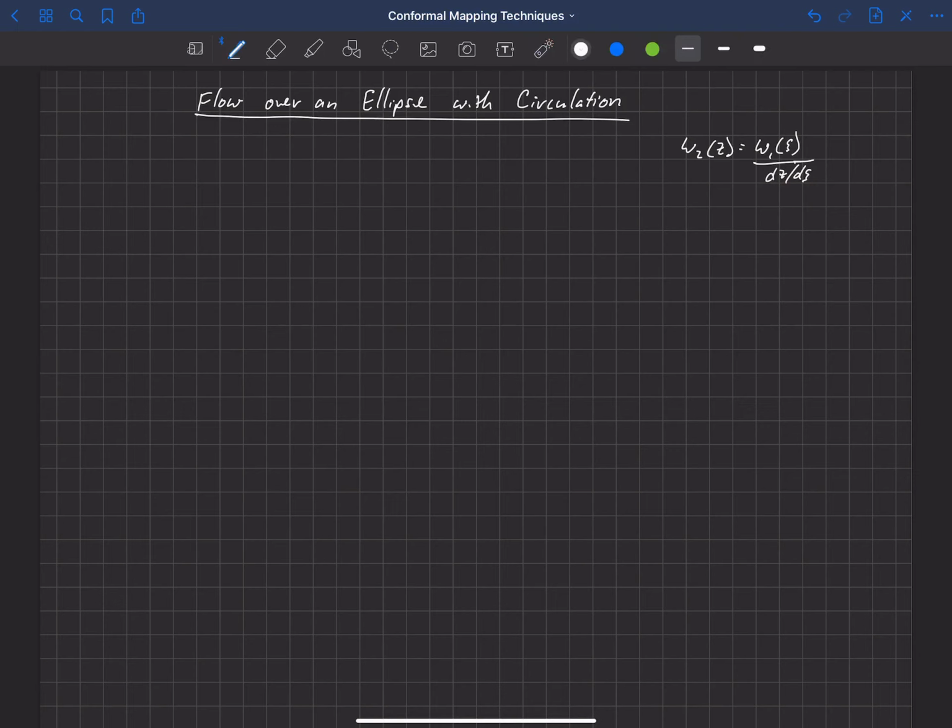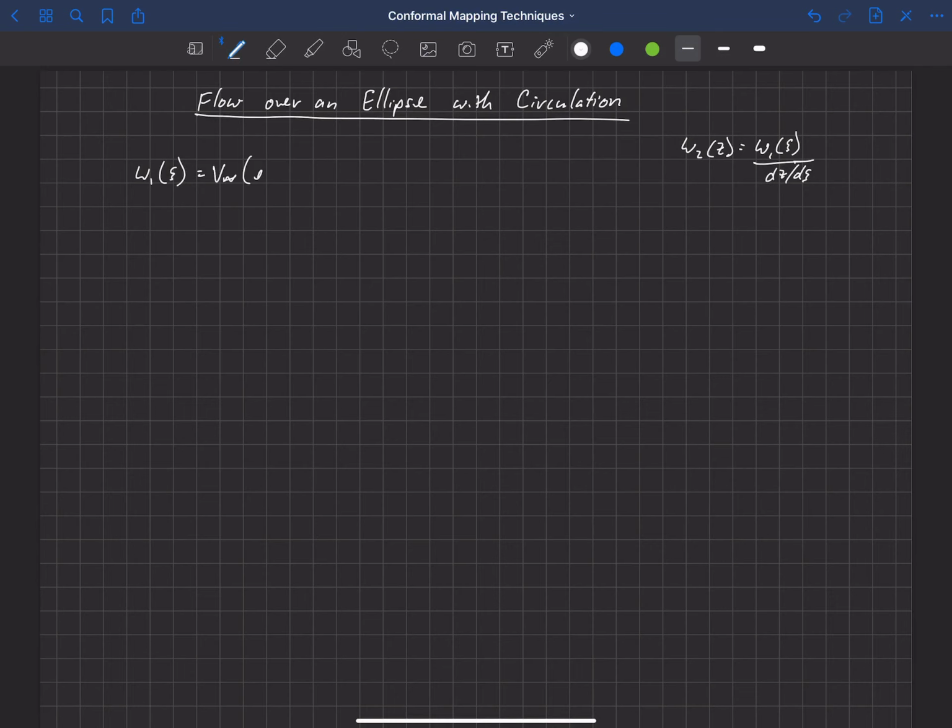So let's start with flow in our zeta plane as just the flow over a circular cylinder, again with circulation. So we can write that as V infinity e to the minus i alpha plus i times gamma over 2 pi V infinity times 1 over zeta.